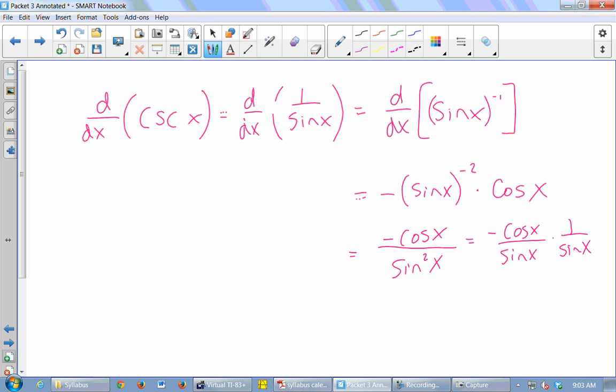And what's cosine over sine? Cotangent. So this is negative cotangent x. What's 1 over sine? Cosecant. All right, there's my derivative. Negative cotangent cosecant.